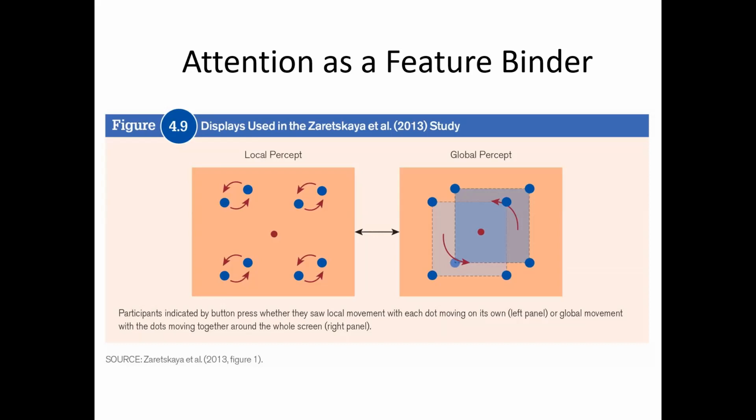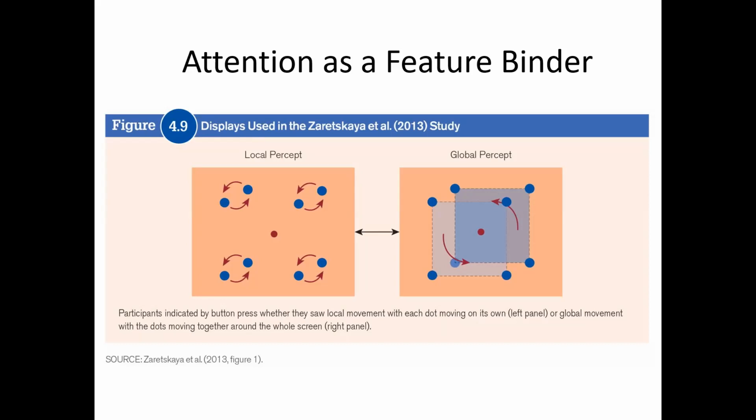So they stare at this red dot in the middle, and the participants were asked to indicate whether they see dots moving on their own or all of the dots moving. So take a second to just look at the red dot in the middle, try to just focus your eyes on it and see if you see the dots in the other places moving or not, and seeing if they are actually moving the direction that it's indicating. So take a second. It's easier obviously on the left side.